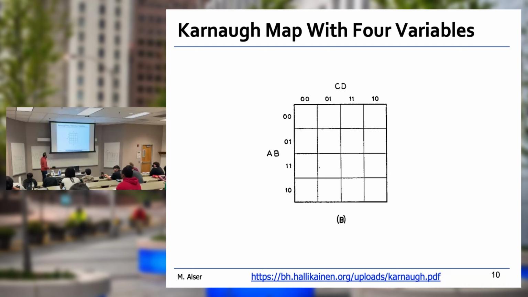Again, as I told you, I copied those figures from the paper itself. This is the link. So in the paper, everything is explained with 2 variables on each side. We start from here, A, B, and then C, D at the other side. But there are a lot of research papers showing that you should start with A, B on the top, and then the other variables at the bottom. So please follow this method when you solve.